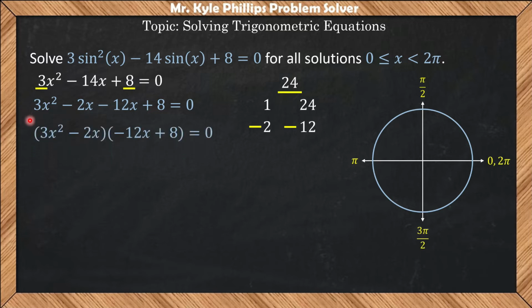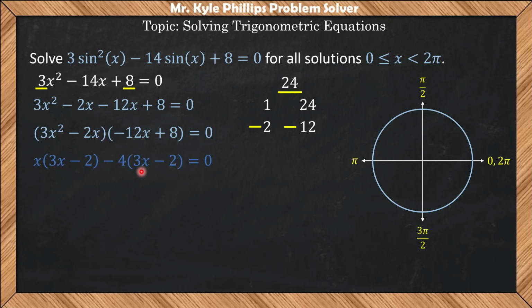So I could pair the first 2 terms together and the last 2. What I'll do now is I'll look at the first binomial and factor out the greatest common factor, which would be x. And then out of the second group, I could pull out the greatest common factor of negative 4.